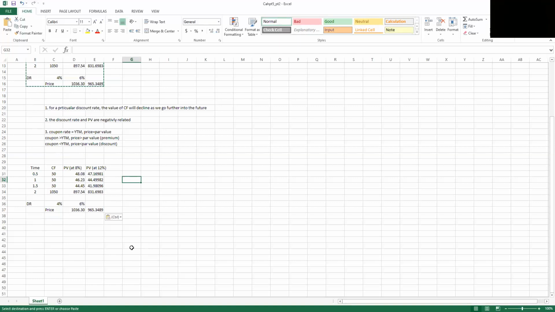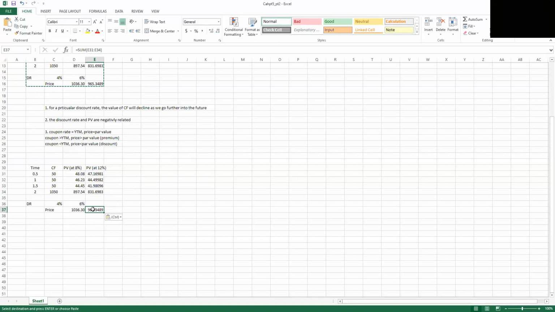So if it's a premium bond like this, and we calculate this bond's price after the first 6 months, you will see it will be lower than 1036, and so on. And a bond which is selling at a discount will also move towards its par value, which means its price will be increasing with time.